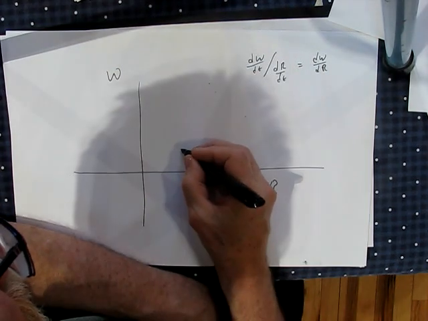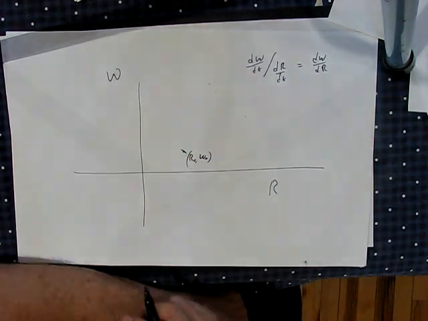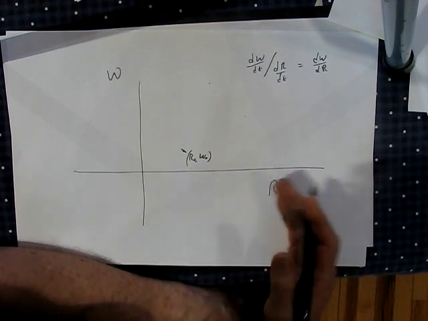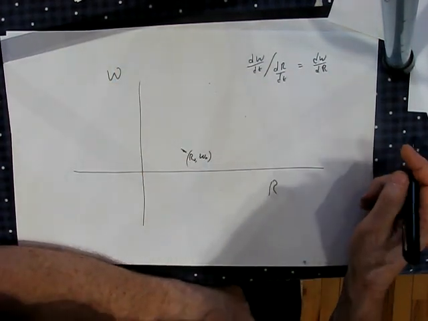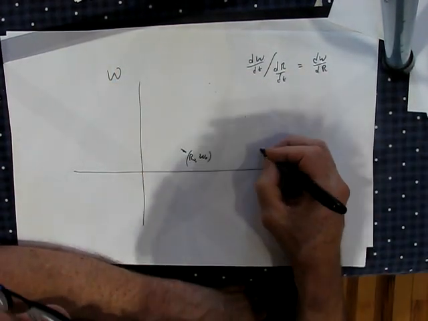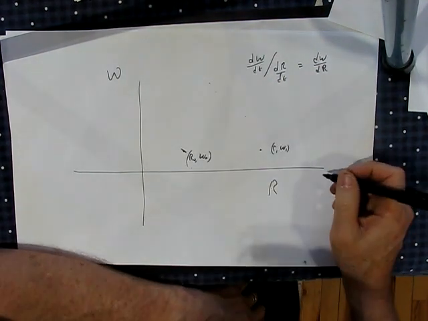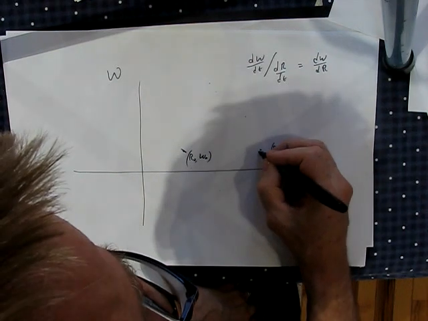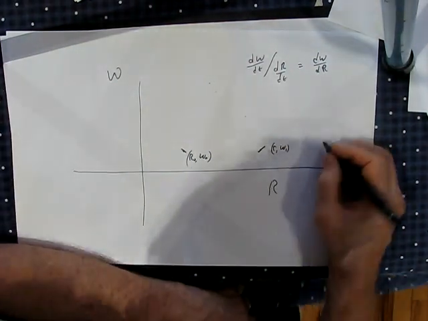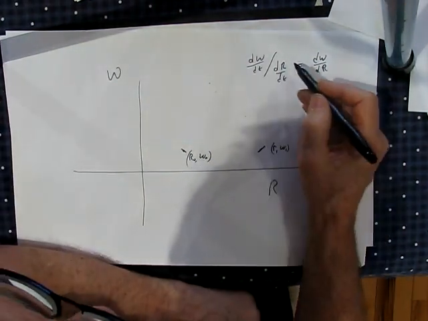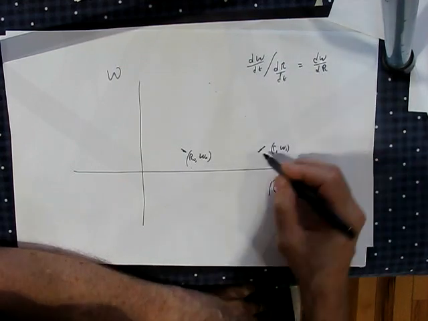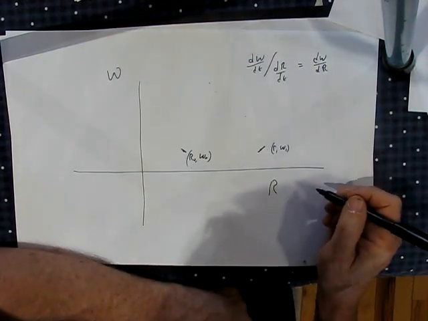So if I drew this derivative, that says the rabbits, as they increase at this moment in time, the wolves are decreasing. Now there could be another point here, R1, W1, and at this point, if I evaluate it and I discover that dW/dt divided by dR/dt is positive, then the wolves might be increasing.